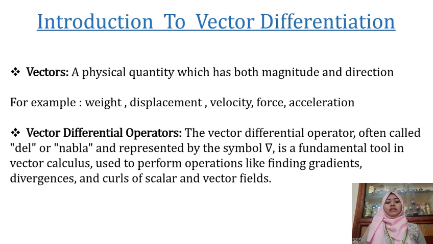These are the quantities which come under vectors. Next, vector differential operators. Vector differential operators are the fundamental tools in vector calculus. They are used to perform operations like finding gradients, divergence, and curls of scalar and vector fields. They are often represented by the symbol del and are pronounced as del or nabla.